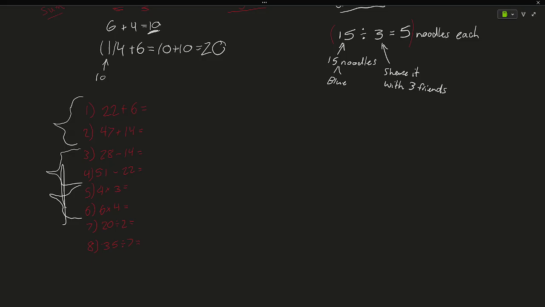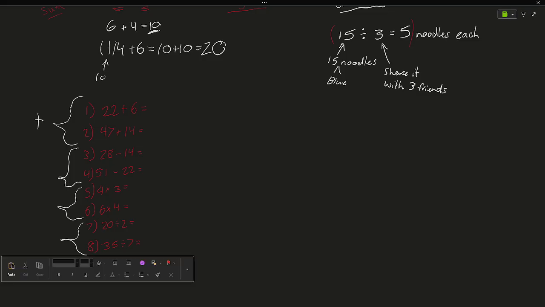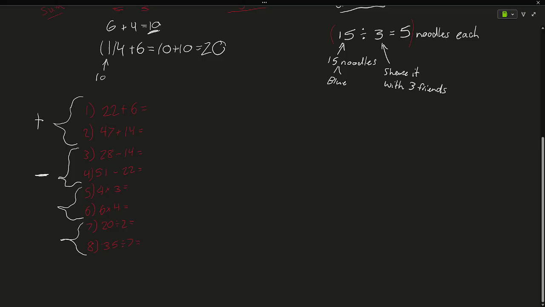That was really horrible. Let me just draw those again. That wasn't good either. So this is addition, this is subtraction, this is multiplication, and this is division.